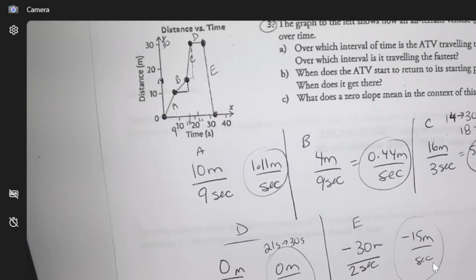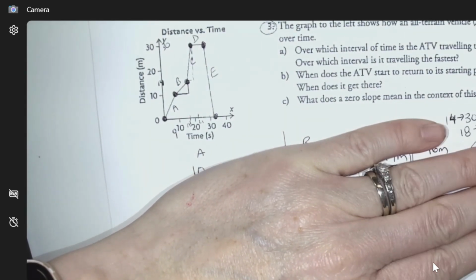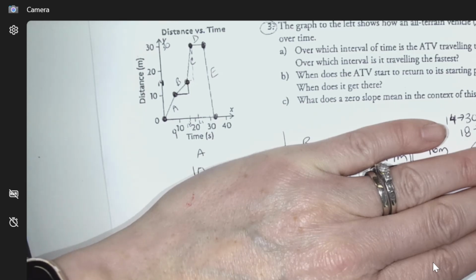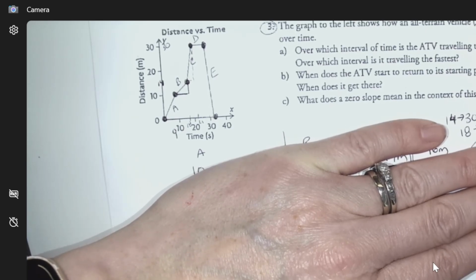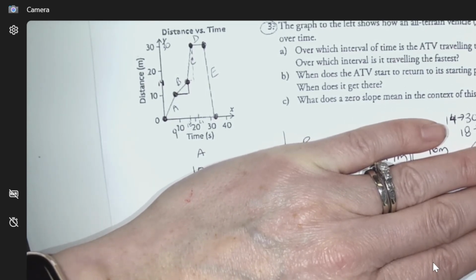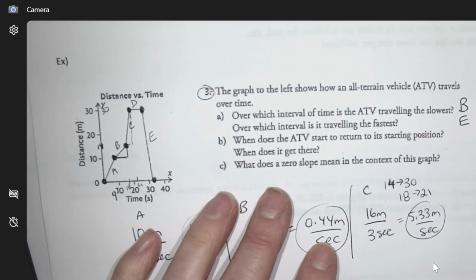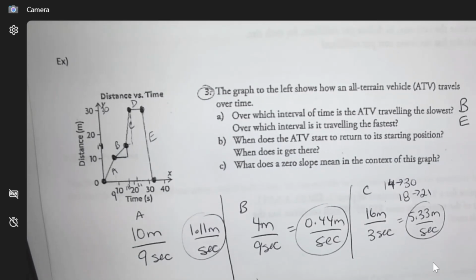Tell me how I could have answered those questions without these numbers. Just looking at a graph, what tells me something is fast or slow? Let me understand slopes from grade 10, graphing slopes. When you look at that on a graph, this is barely going up, and this is really going up.